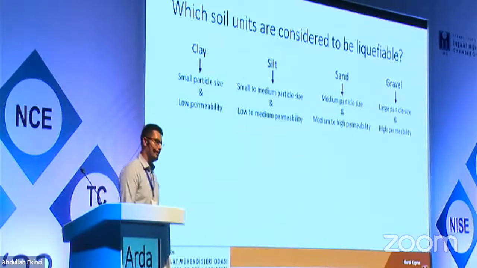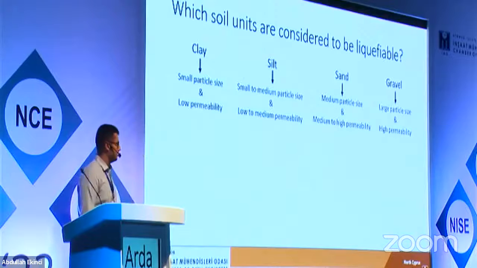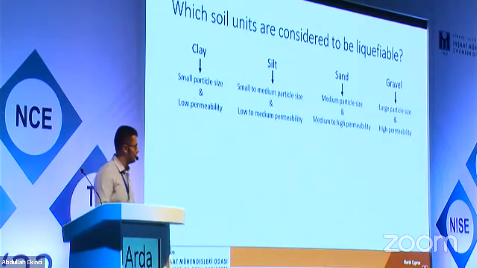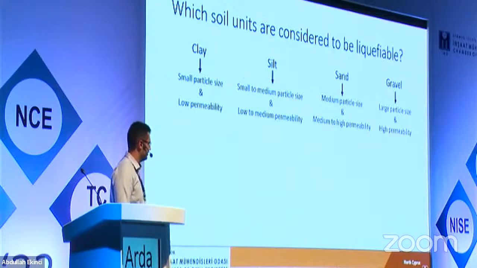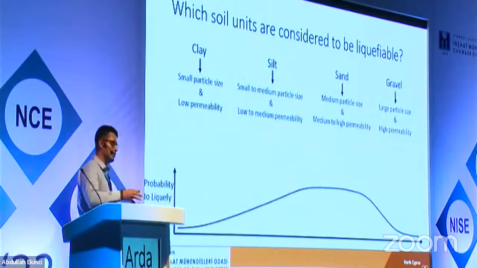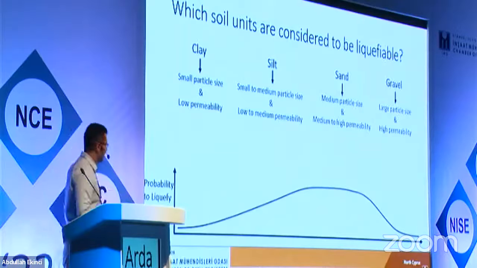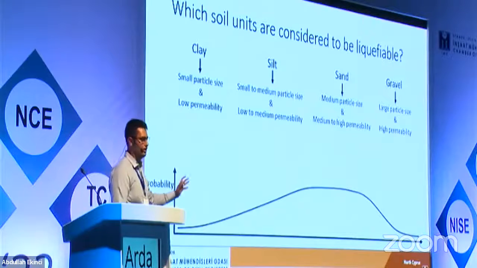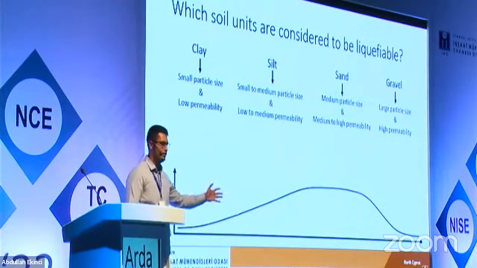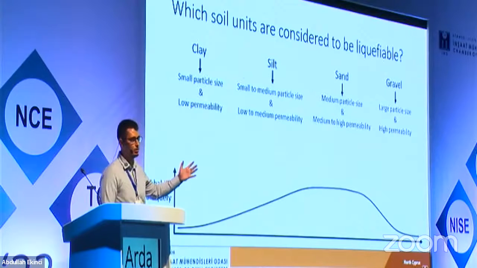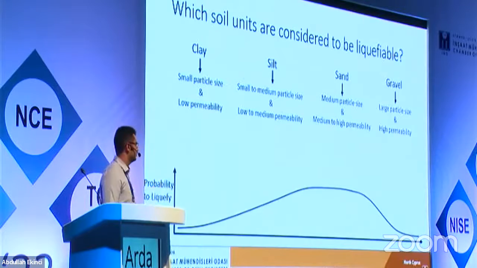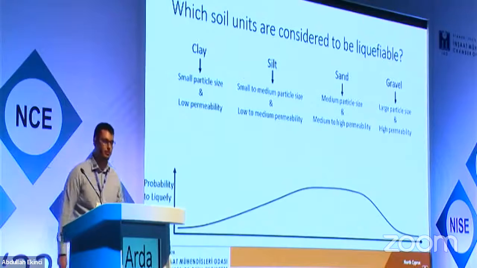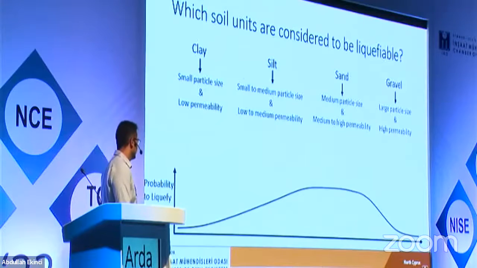Then we check permeability, which determines pore pressure dissipation capacity. Most likely, all of us think that clay and gravel have low probability, sand has the highest probability to liquefy, and silt is between these two ends.